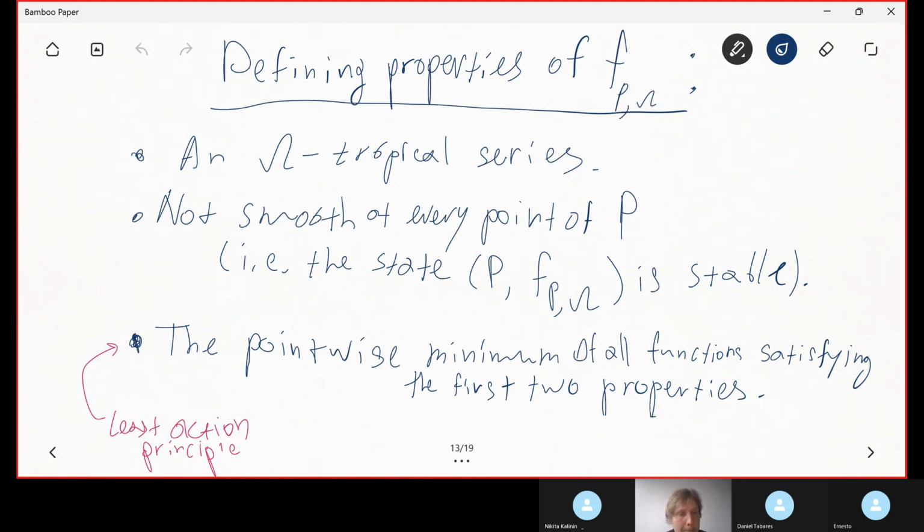And this you can take as a definition. So you can prove that there exists a unique Fp omega satisfying these properties, and this Fp omega will be appearing as the limit of this relaxation process. And the last condition about the pointwise minimum should remind you of the least action principle in sandpiles.